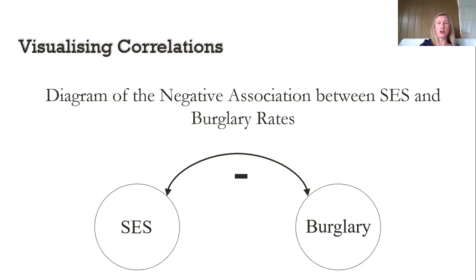I might have socioeconomic status related to becoming a victim of burglary. As your socioeconomic status rises, your chances of becoming a victim of burglary decrease. So as one is increasing, the other is decreasing, and we would say that's a negative or an inverse relationship. As one goes up, the other goes down.